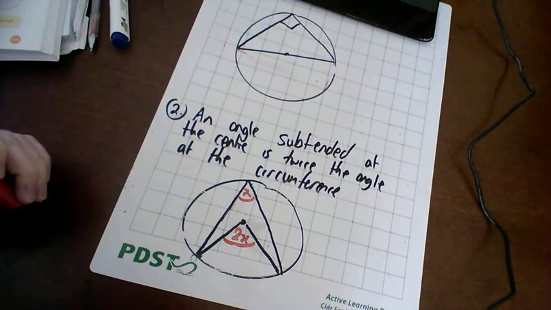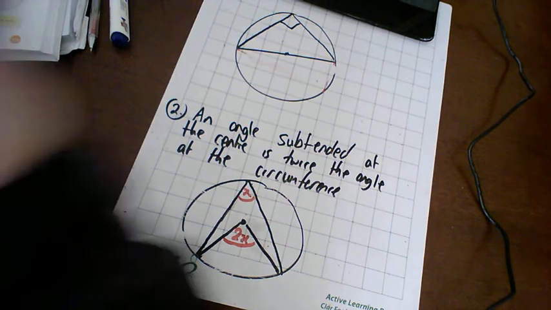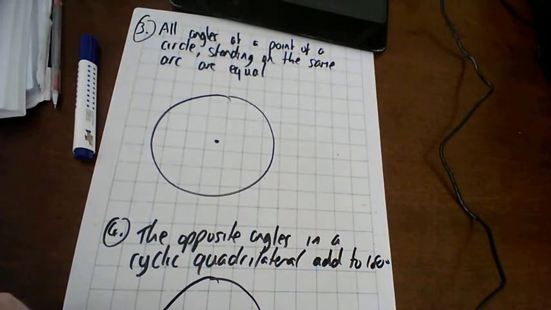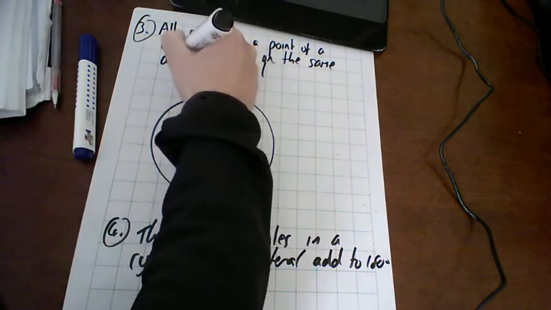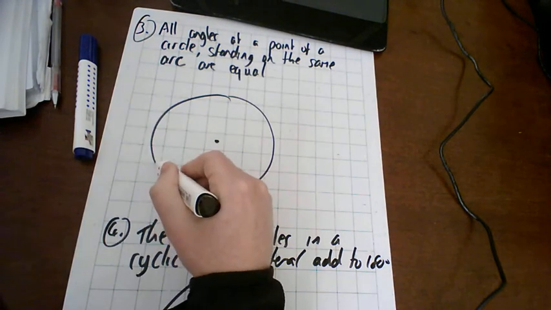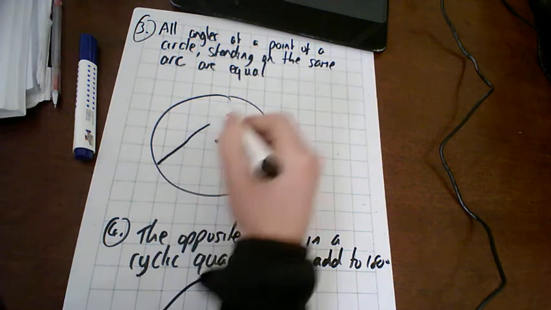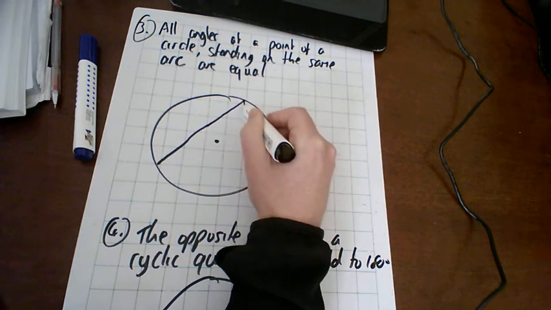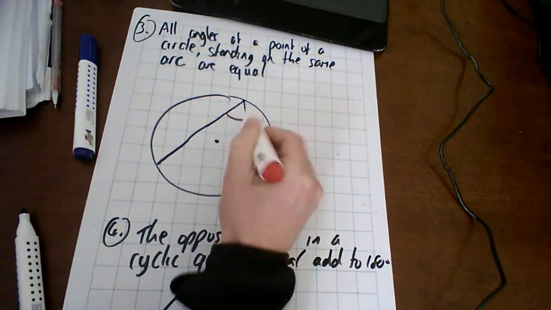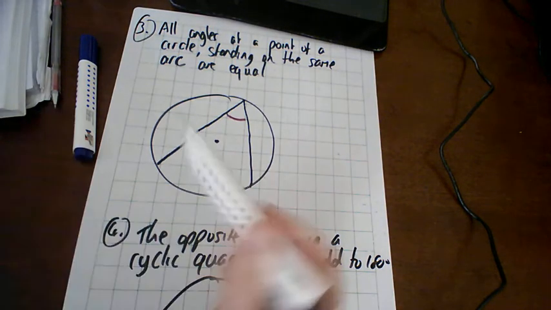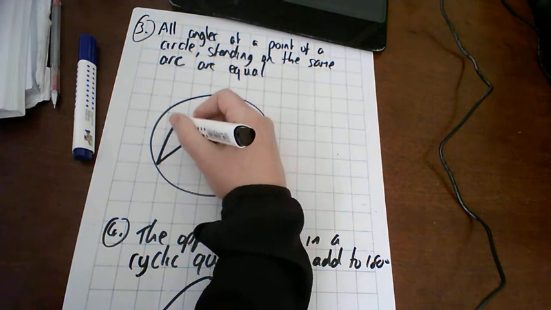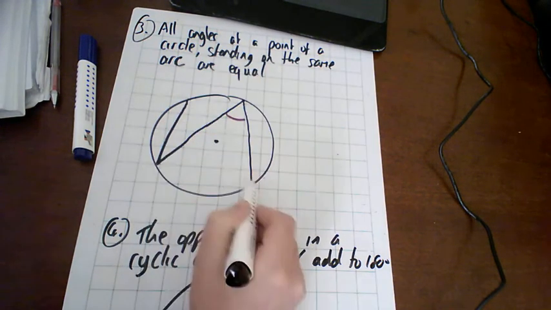Again, I said there's going to be 5 of these, so take your time taking them down. Right, the third one. All angles at a point of a circle standing on the same arc are equal. Say I start with this point and draw a line to here and a line to here. I've created this angle, haven't I? And from the same 2 points, I draw to another point and join this one up here.